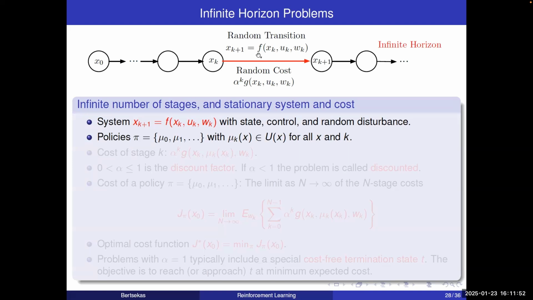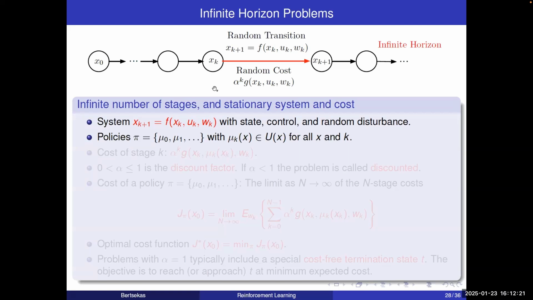So this function depends only on state, control, and this random disturbance, but not on the stage. Because if you are at a state at the initial stage, you are facing an infinite horizon problem, and if you are at the same state at stage 5, you're facing exactly the same problem.